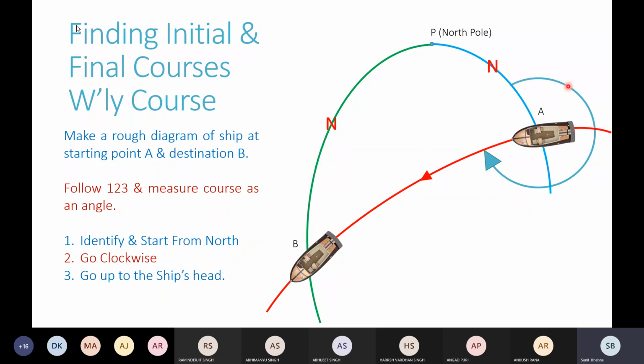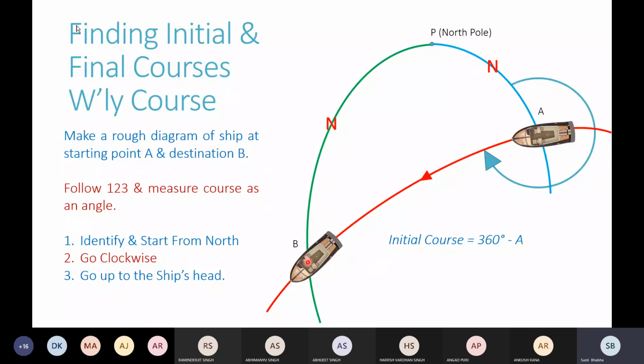So this complete angle starting from N, going clockwise up to N is 360 degrees. The internal angle A is known to us. So our initial course in this case will be 360 minus angle A. So you can see it here. The initial course in this case is going to be 360 minus A.